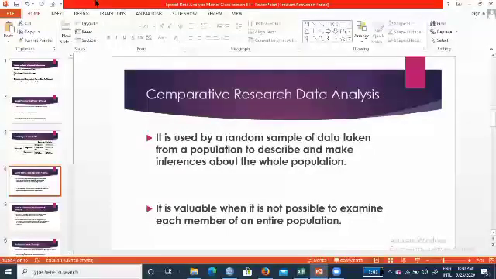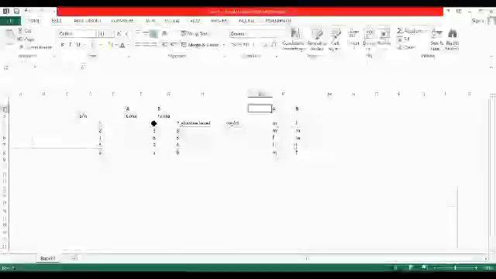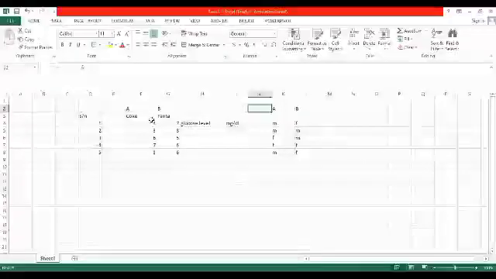Let me explain. For example, I'm going back to my spreadsheet on Excel. Group A and Group B, you cannot categorically say just by mere looking at it, even if you want to calculate the mean, that Group A is different from Group B statistically.